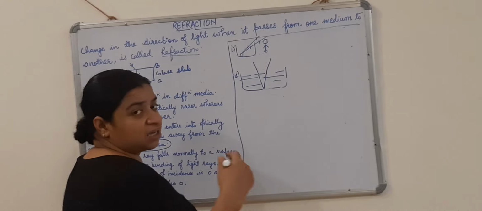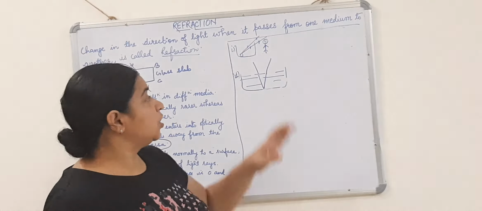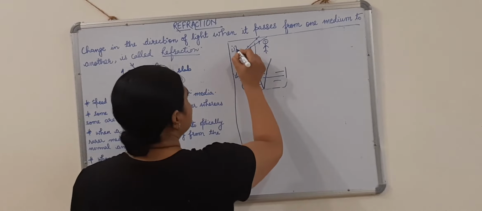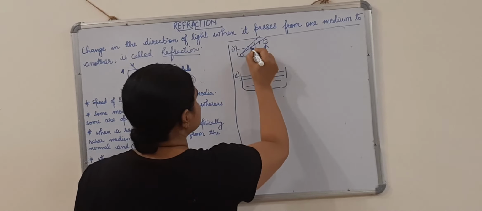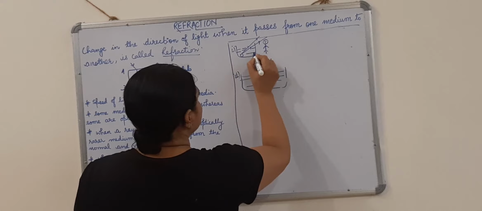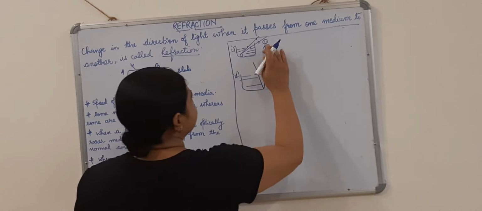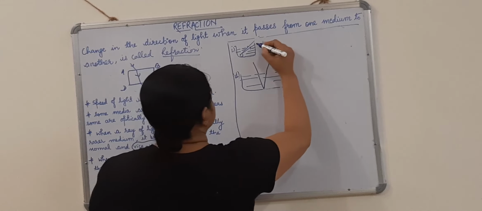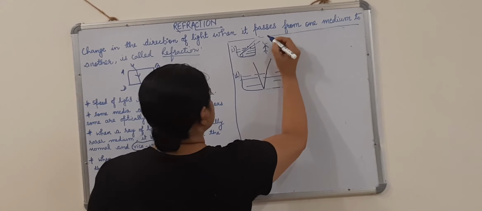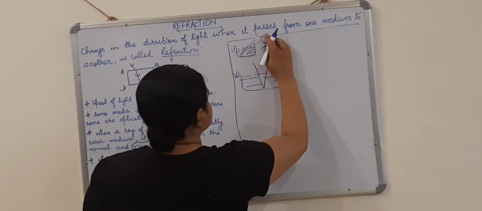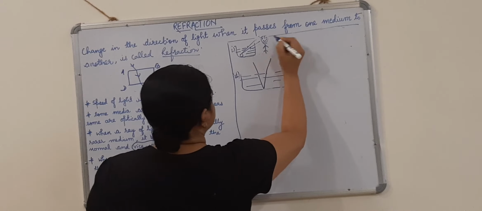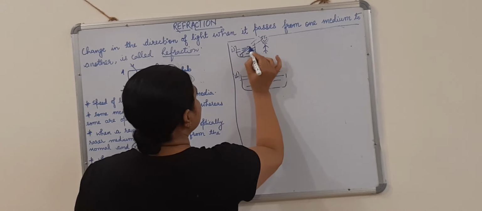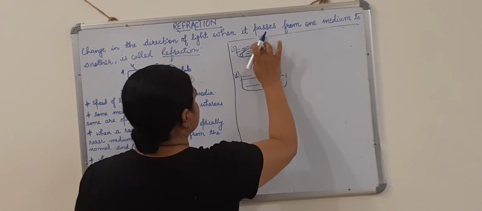Now what happened? Ask one of your friends to pour water into this glass tumbler. When there is water in this glass tumbler, then what will happen? When there is water, children, you will see the light rays there, and there is a bending of light at the interface of water.